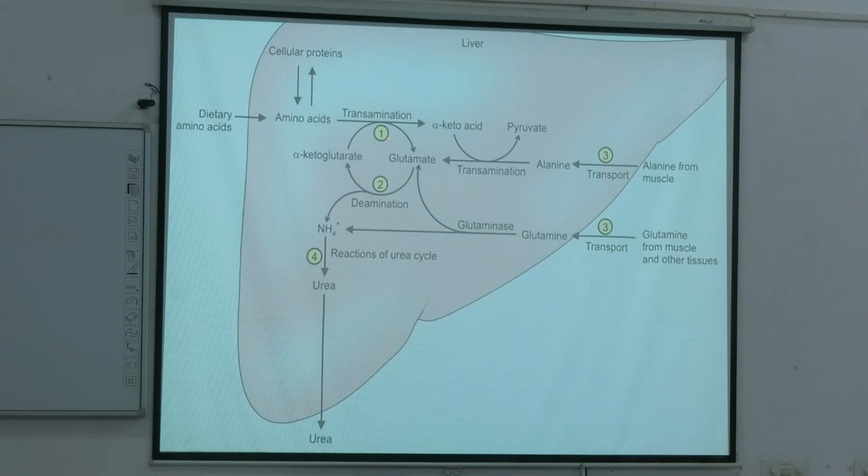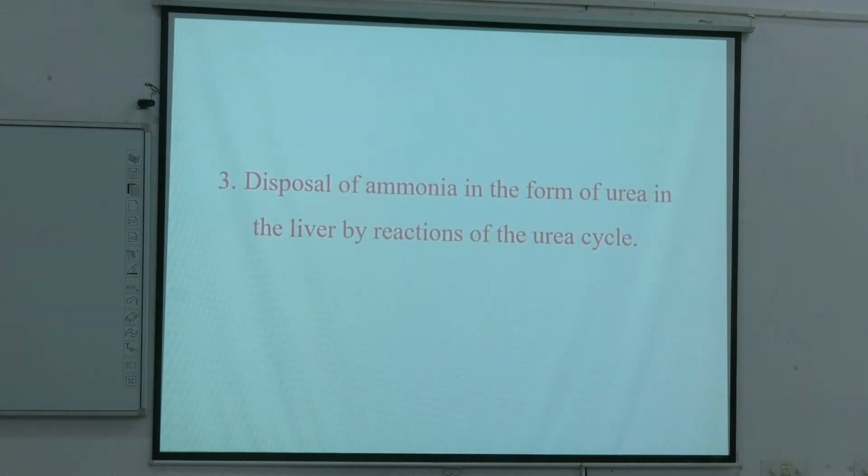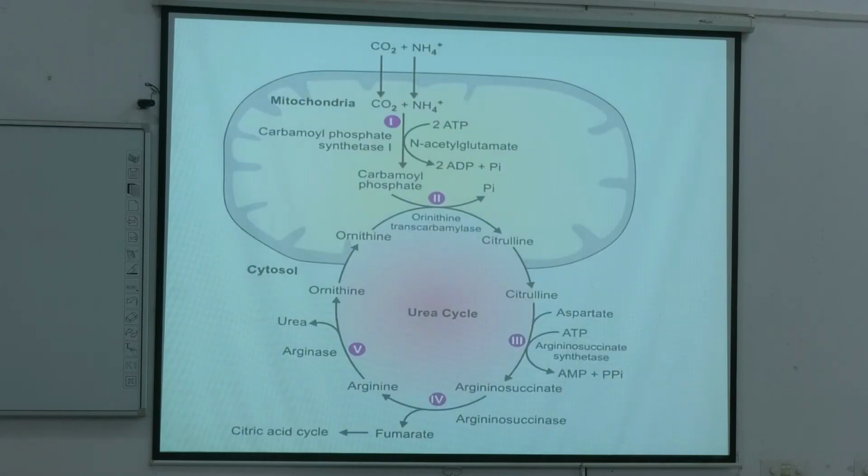First step is transamination, second step is deamination, that is formation of ammonia. Third step is transport. Fourth step is the reaction of the urea cycle. So in all these steps there is disposal of ammonia. And this is the cycle.